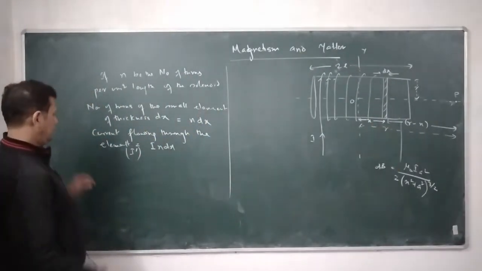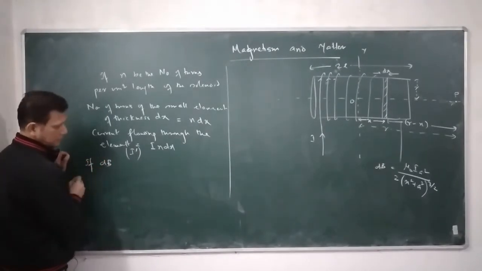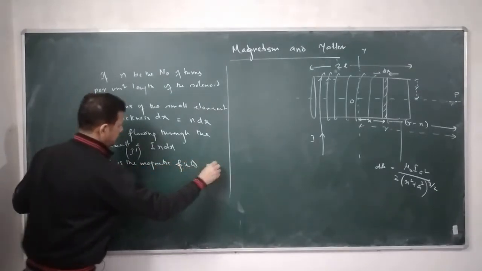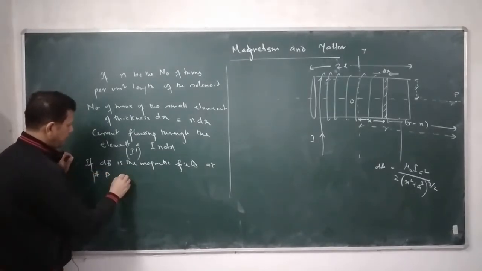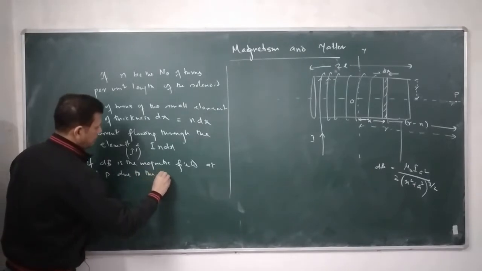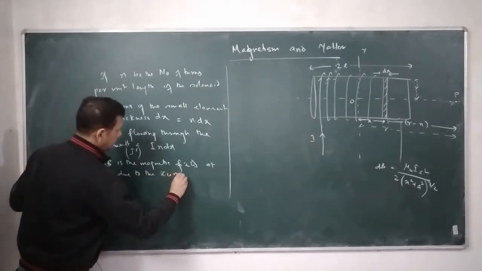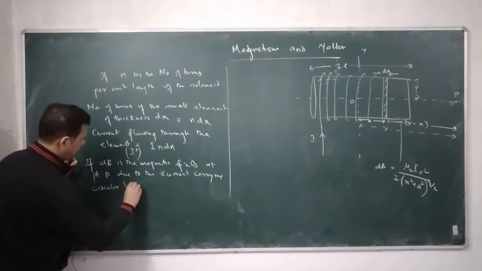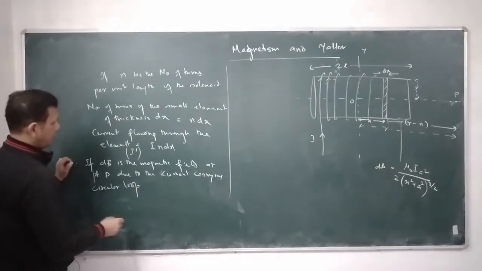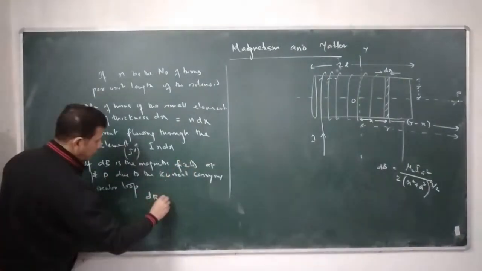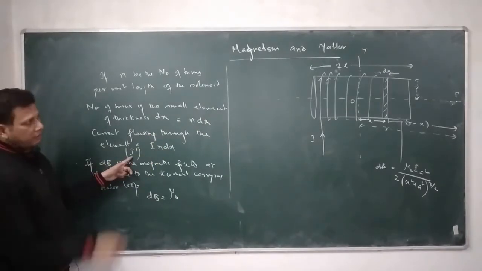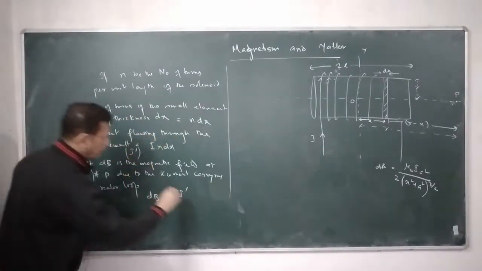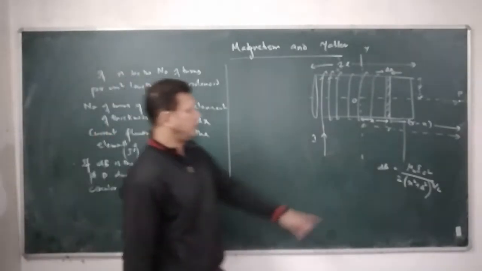I dash. Therefore, if dB is the magnetic field at point P due to the current carrying circular loop, then according to that formula dB will be equal to mu naught into I dash, because in this loop the amount of current flowing is I dash, and the radius of our loop is r, so r square, divided by 2 times the distance of the point P from the loop, which is r minus x.